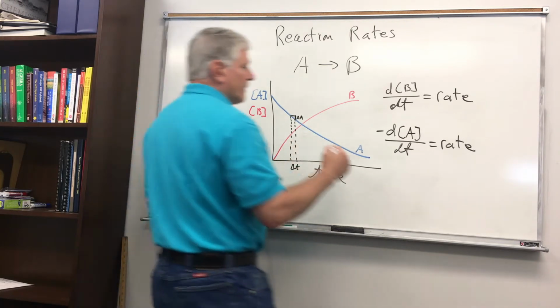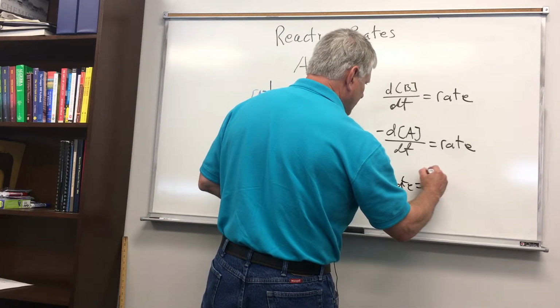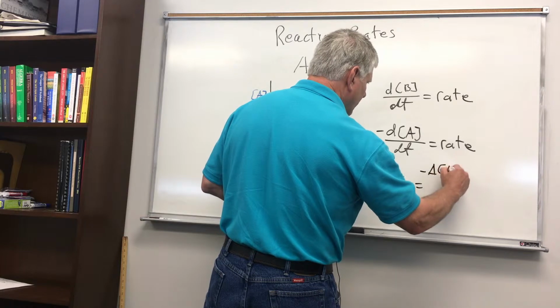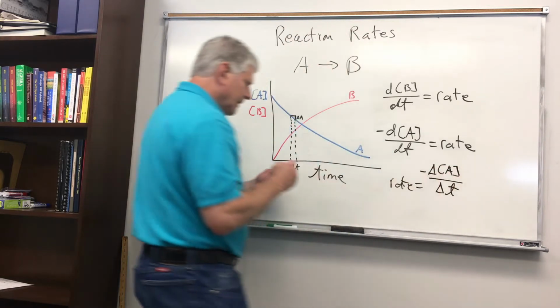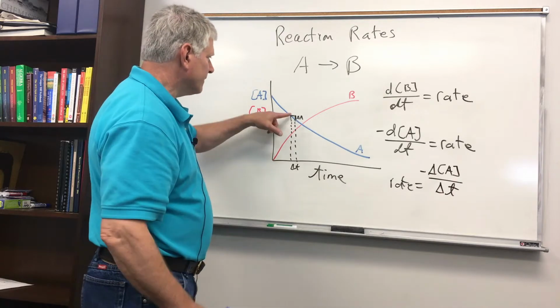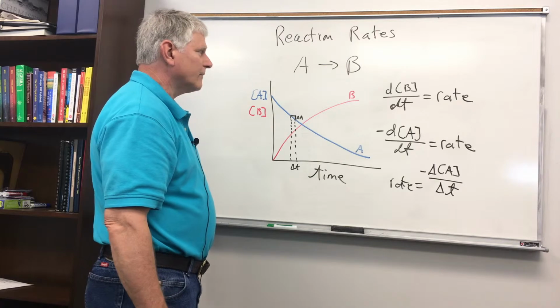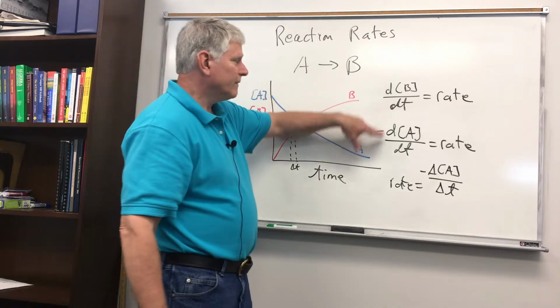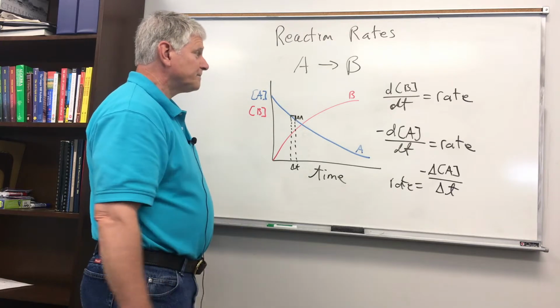And so we can express the rate as negative delta concentration of A over delta time. And so this will be an approximation over this time period for the rate of the reaction, where the derivative is the exact instantaneous rate at any point.